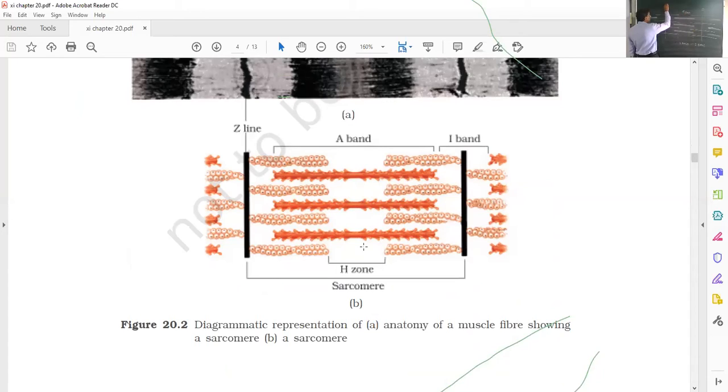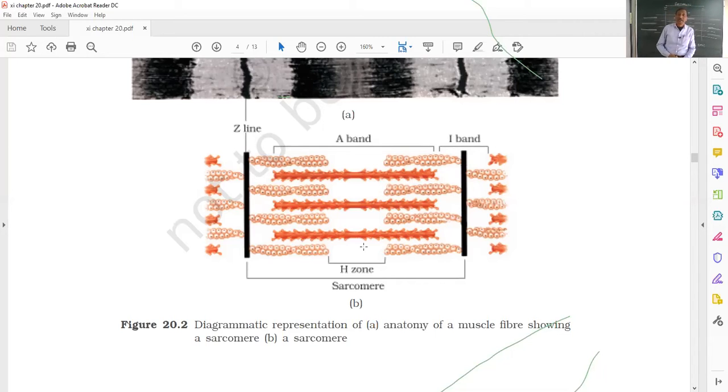And from one Z line to another Z line, this is one muscle unit that is called a sarcomere. So this is the arrangement of actin and myosin, which is giving the striated view.